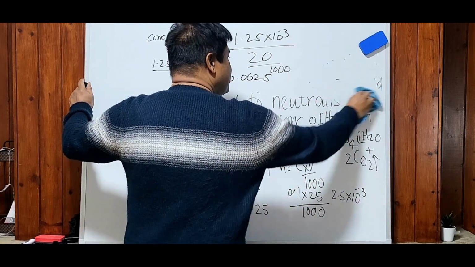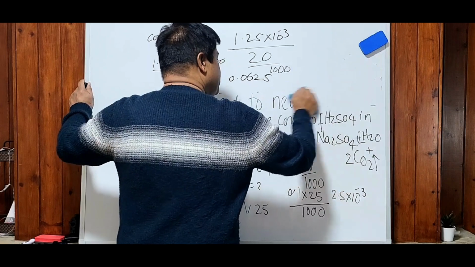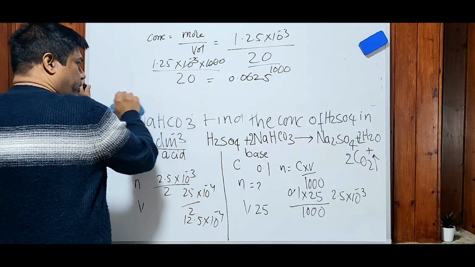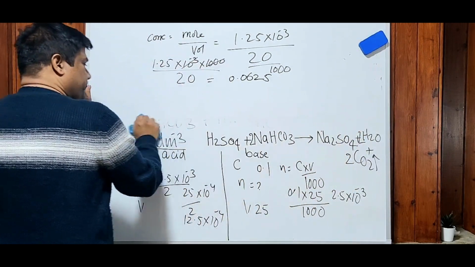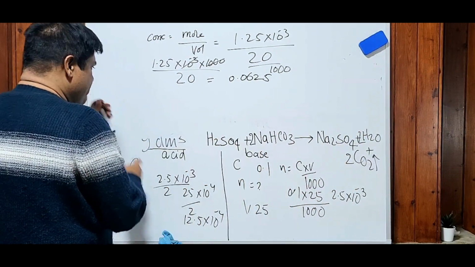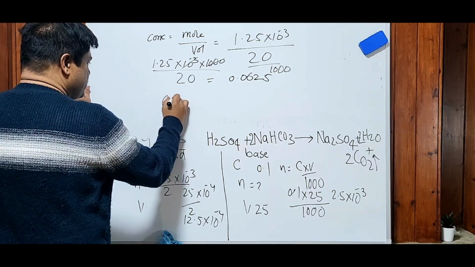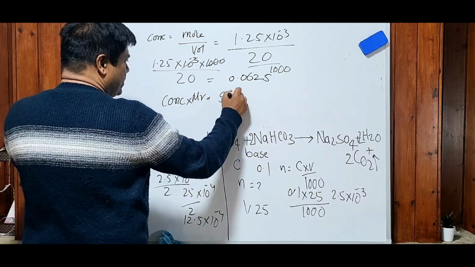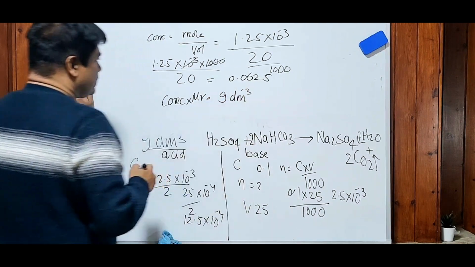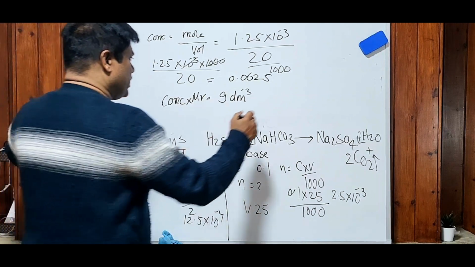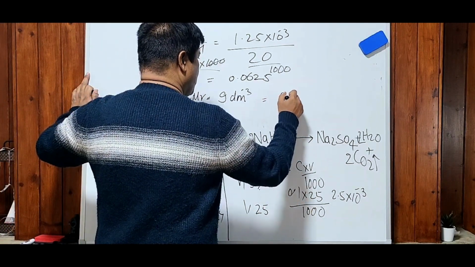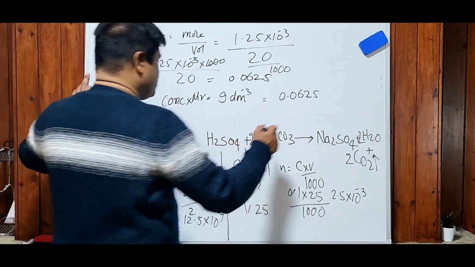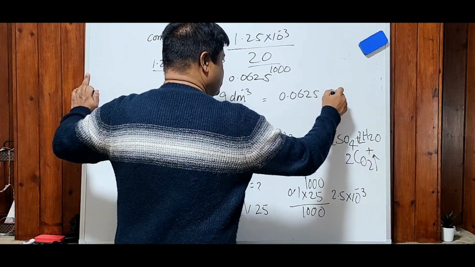So mole per dm cube to gram per dm cube: concentration times Mr equals gram per dm cube. Concentration is 0.0625 into Mr of sulfuric acid, which is 98.